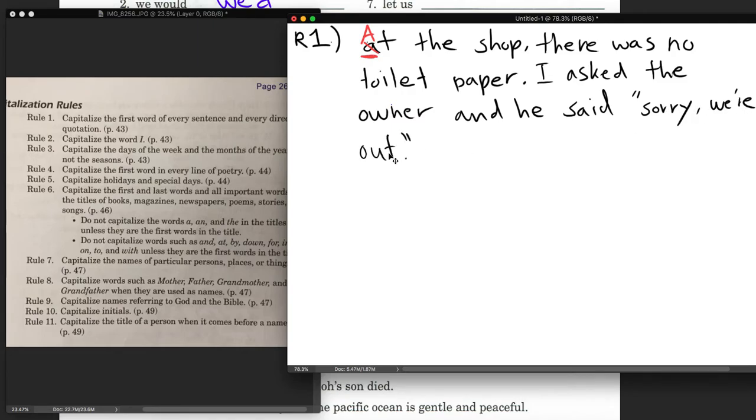"Sorry, we're out" is a direct quotation, so the first letter of a direct quotation, whenever someone's saying something, needs to be capitalized.